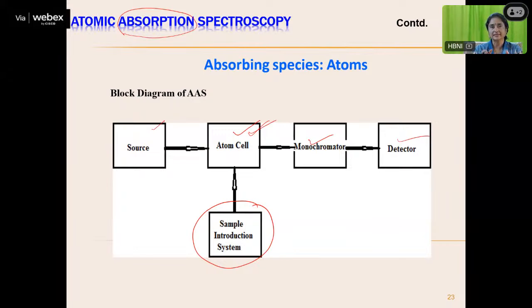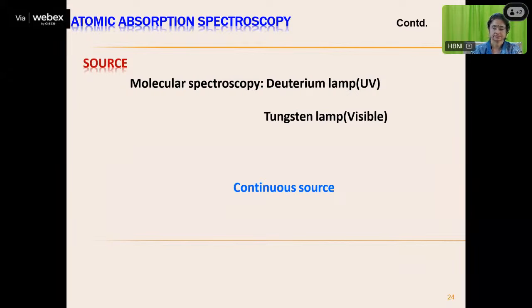The complex itself is colorful, with absorbance at some wavelength, and you will identify it. But in atomic absorption, if you are going to determine iron, it will be as iron atom rather than any complex. So you have to understand that concept.